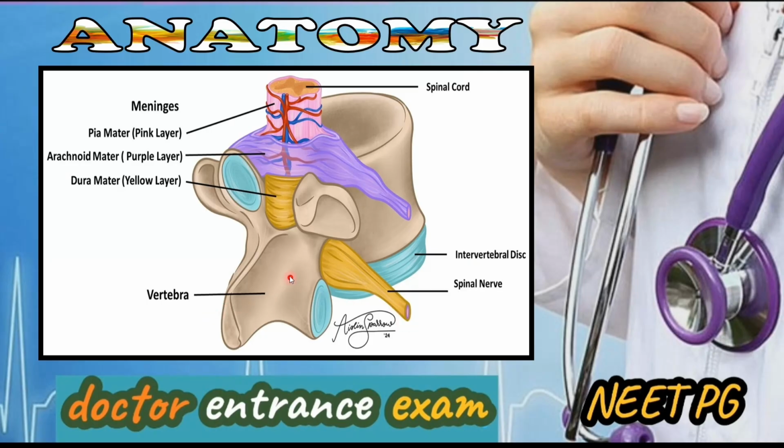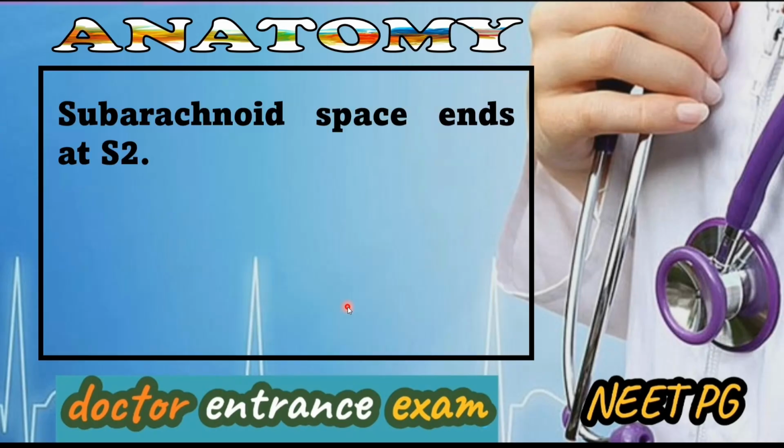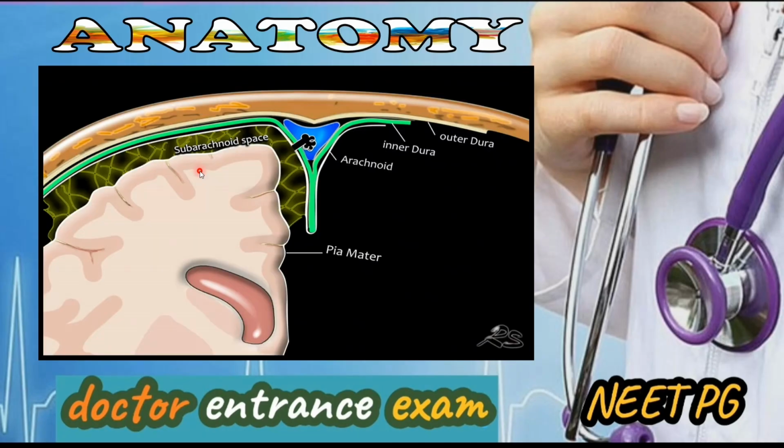This is called the vertebra. Subarachnoid space ends at S2. This is the subarachnoid space. This is the arachnoid. This is the inner dura. This is the outer dura. This is the pia mater.